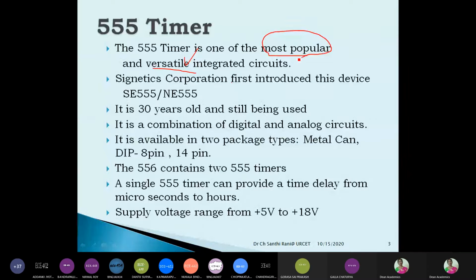And you will wonder, it was 30 years back, when I studied my diploma, that means less than your age, I think. You are in third year, no? Yes, when I was at your age, I studied this 555 timer.